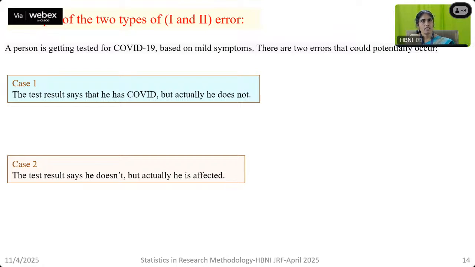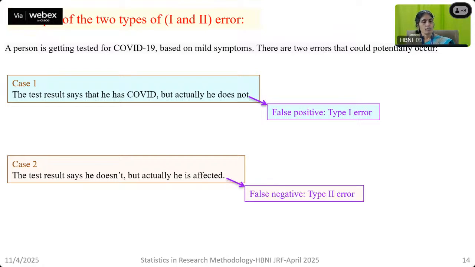In the first case, the test result says that he has COVID-19, but truly he does not. This is a false positive, that is, type 1 error or alpha error. In the other case, the test result says that he does not have it, but he is actually affected by COVID-19. That is a false negative.